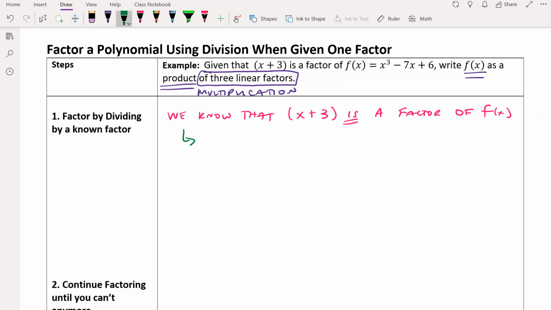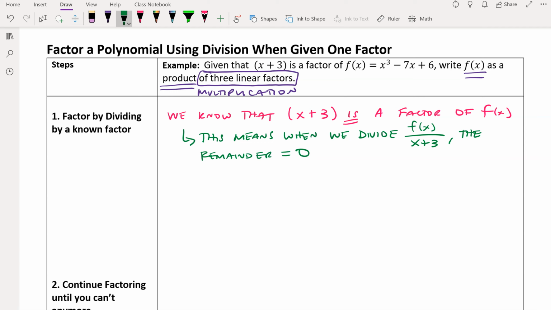Since x plus 3 is a factor of f of x, this means, and you should be writing this all down in your notes, that when we divide f of x divided by x plus 3, divided by that factor, based on the remainder theorem, since x plus 3 is a factor, the remainder equals 0. That's what this means. If x plus 3 is a factor, that means when we divide, we should get a remainder of 0.